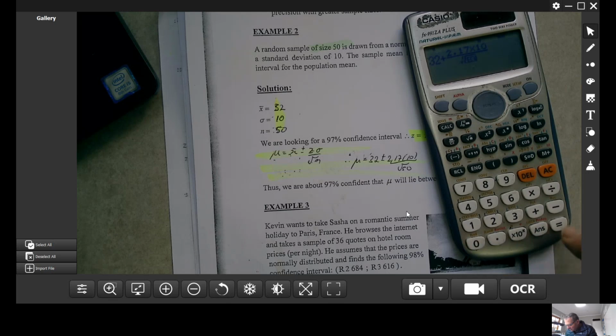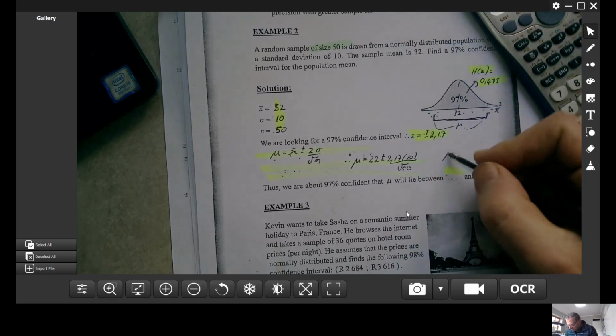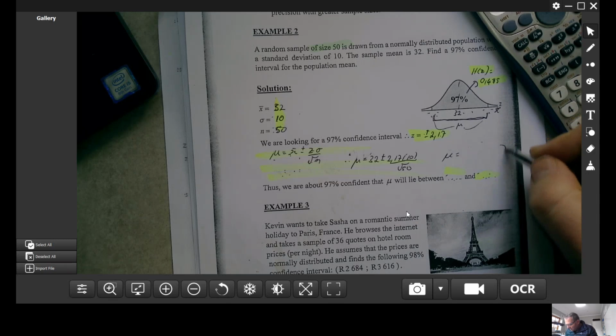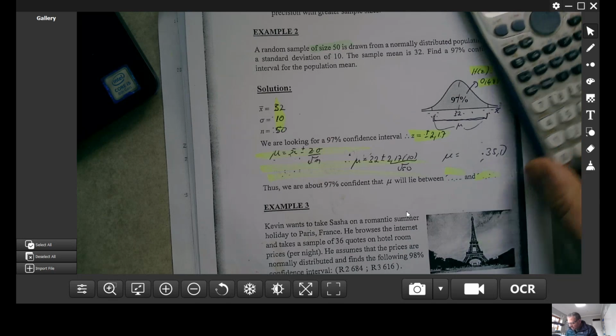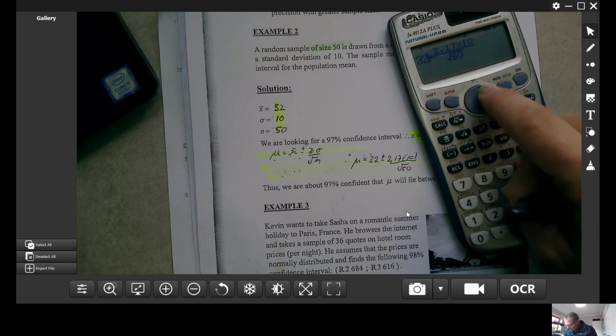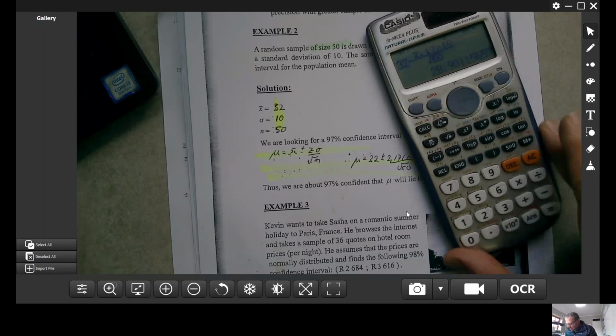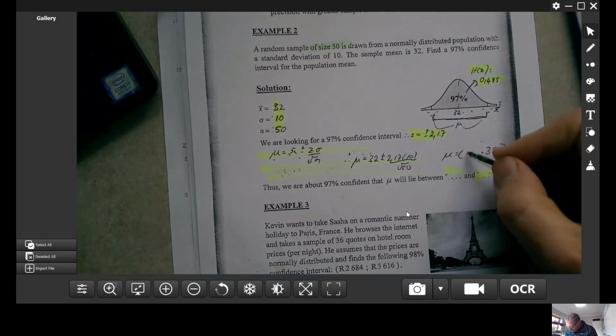This is going to be my upper boundary. Let's do it to one decimal place. So the upper boundary of mu is 35.1. For the lower boundary of a 97% confidence interval, just go back and change the plus quickly to a minus, and you end up with 28.9.